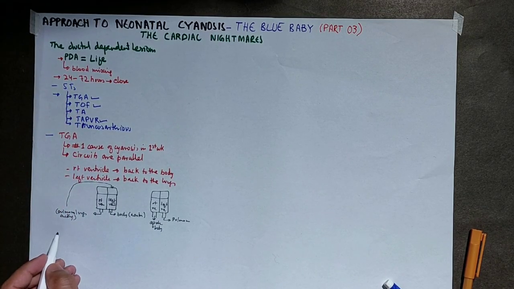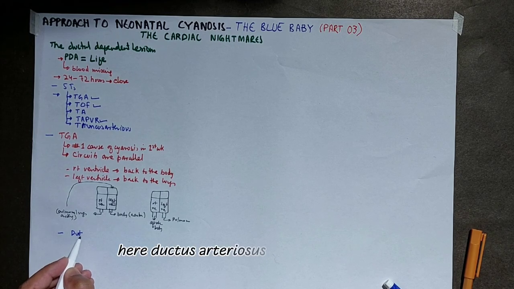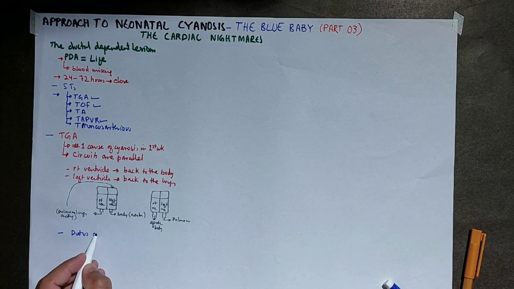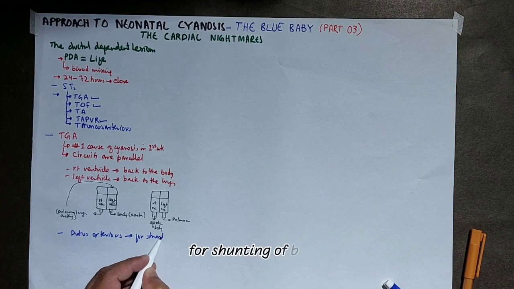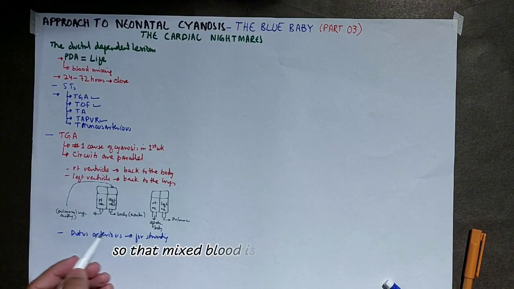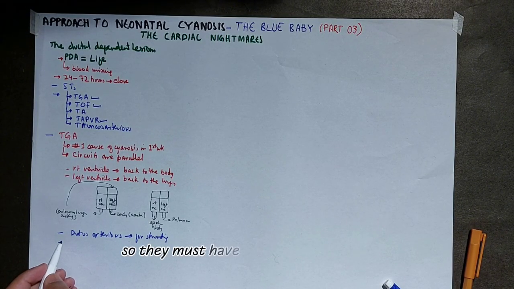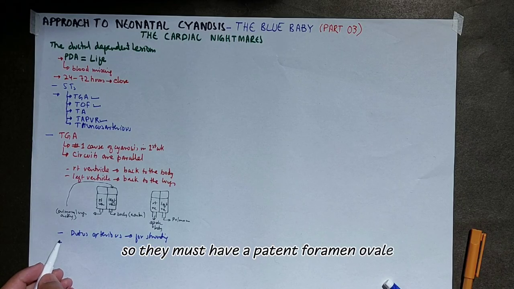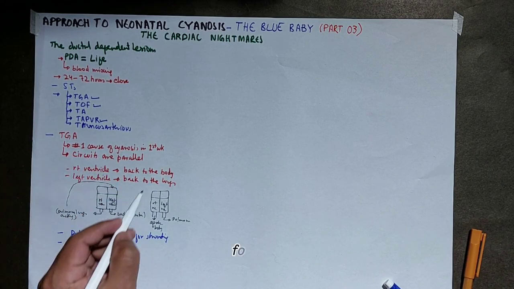That is, the ductus arteriosus should remain open for shunting of blood so that mixed blood is pumped into the body. So they must have a patent foramen ovale or patent ductus arteriosus.